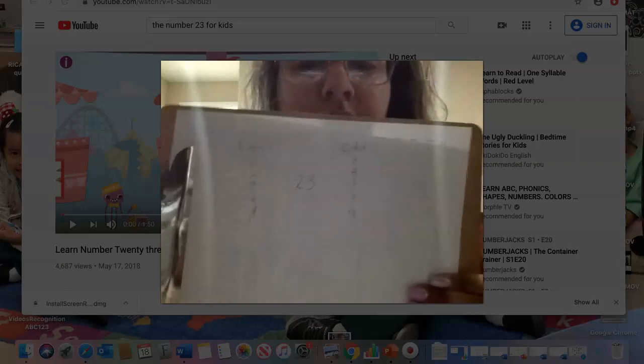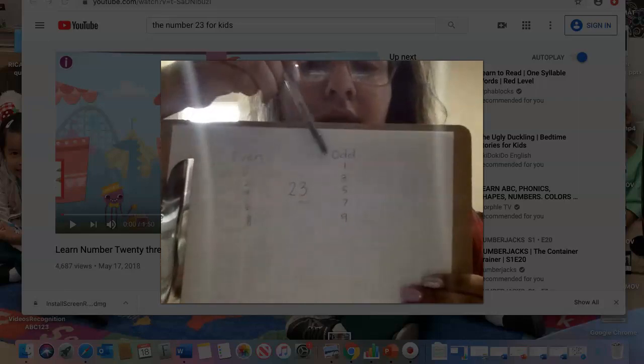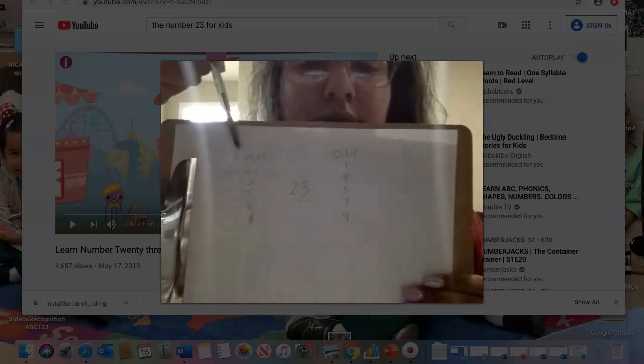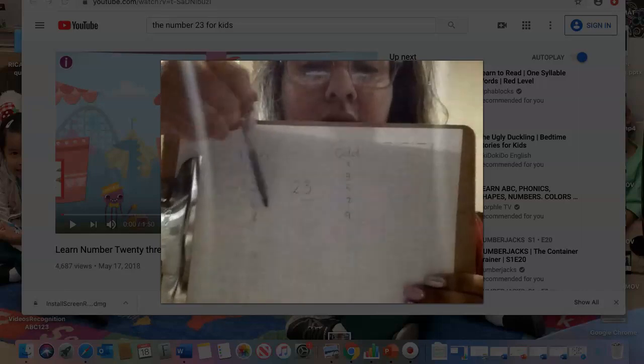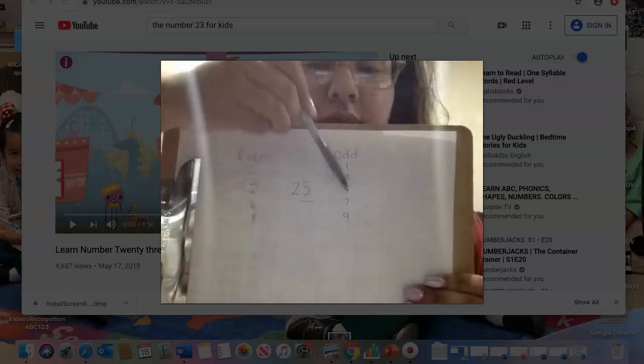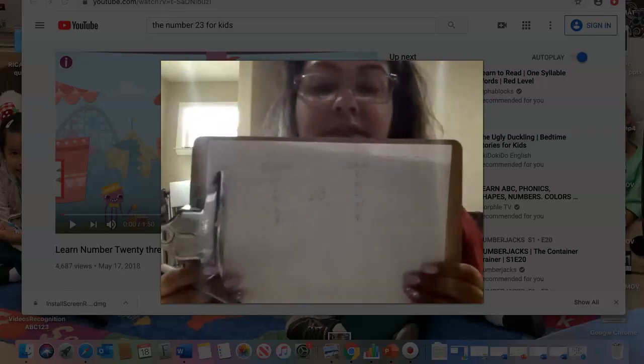Okay, so where does my 3 fall under? Is it under odd, or is it under even? I'm going to give you a second to think and find, is there a 3 here, or is a 3 somewhere over here? So I'm sure most of you have already said that it's odd.